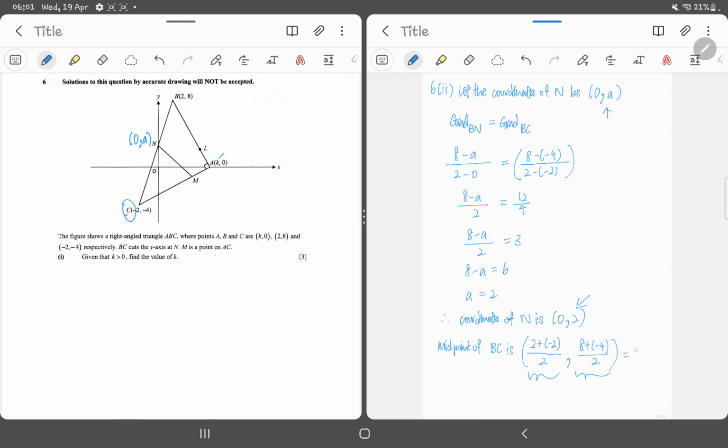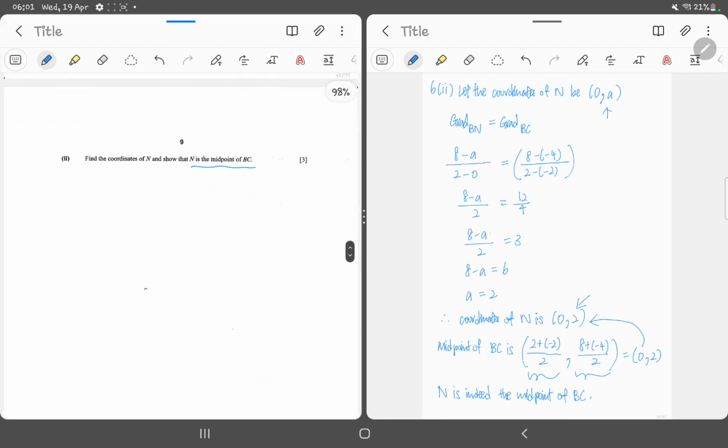This equals 0, 2. And yes, the midpoint of BC is indeed the coordinates of N. So N is indeed the midpoint of BC, and we are done with II.